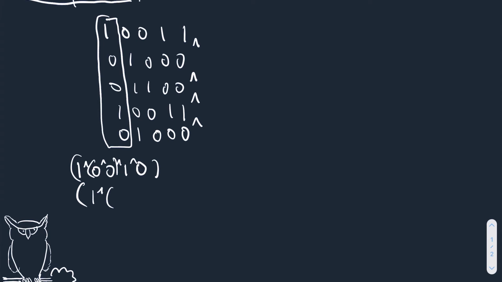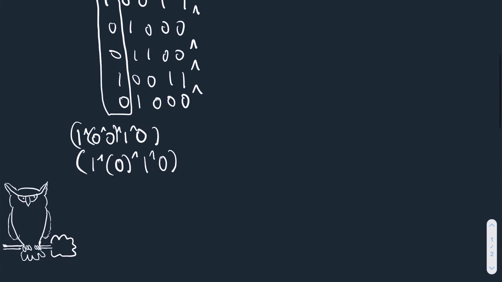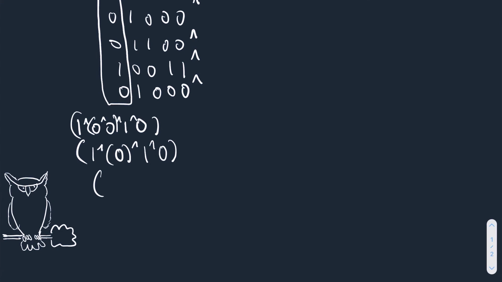Okay, so in this case I'd evaluate this first. 0 XOR 0 is just 0, and then XOR 1 XOR 0, and then we get to this point. But if I place brackets here, 0 XOR 1 is just 1, and 1 XOR 0 here is again 1. So what we realize is the number of zeros actually didn't matter in this case. Only the number of 1s matters.